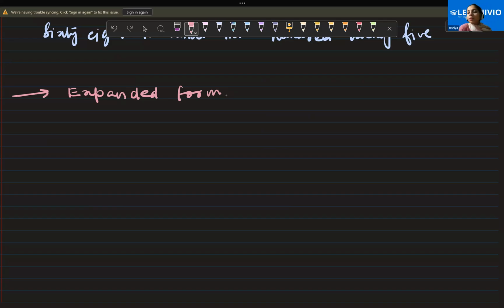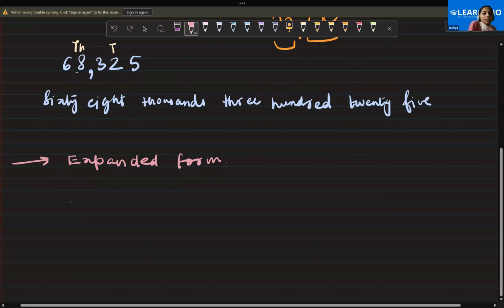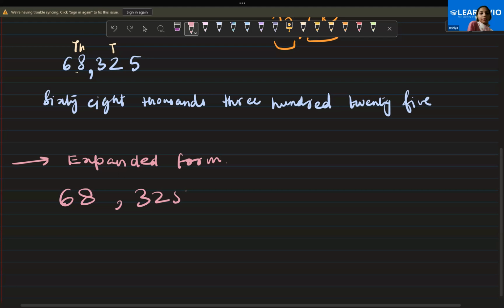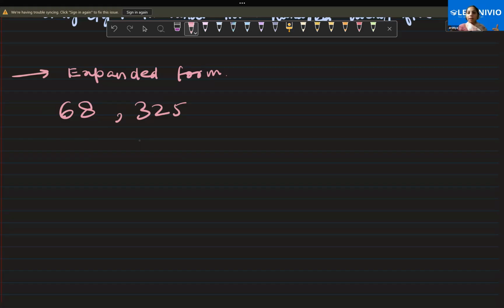Small to big. No. Yes, basically we're going to expand a number. Okay, so let's take this number only, 68,325. Now, if I want to write this number in expanded form, to expand is to stretch something, to make it bigger, right?